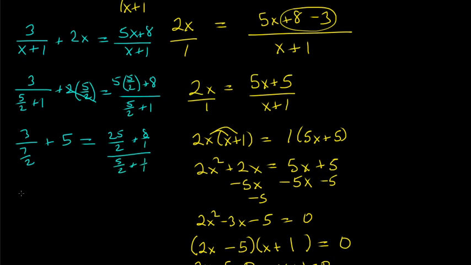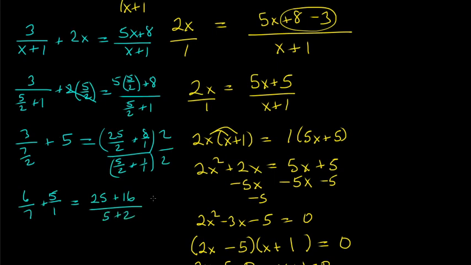So the left side will just be 6 over 7 plus 5 over 1. And the right side, I'm going to multiply top and bottom by 2, so you're going to get 25 plus 16 over 5 plus 2.